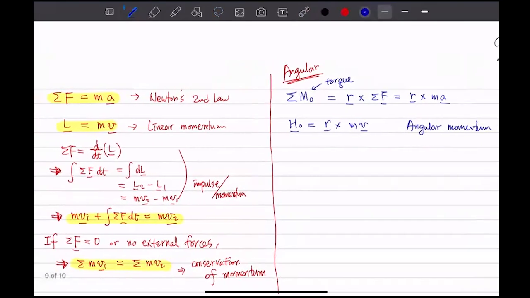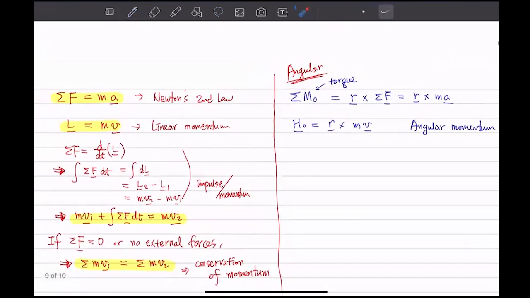And if we do the same thing we did for the linear momentum, let's do that. So the summation of all torque is what? d/dt of angular momentum, right? And we move this thing towards the left and do the integral.